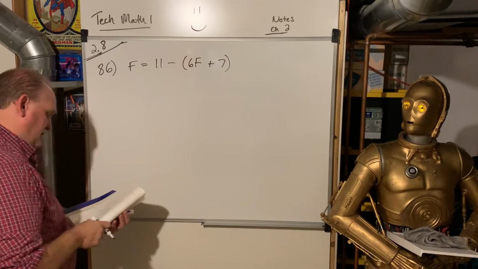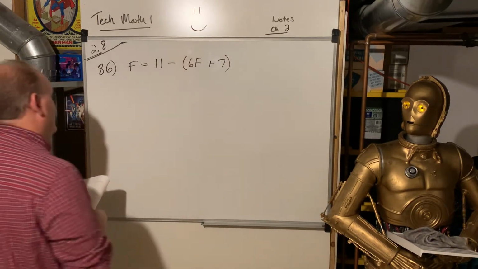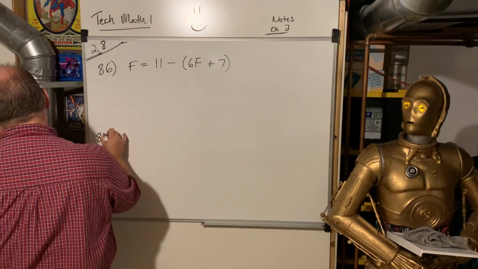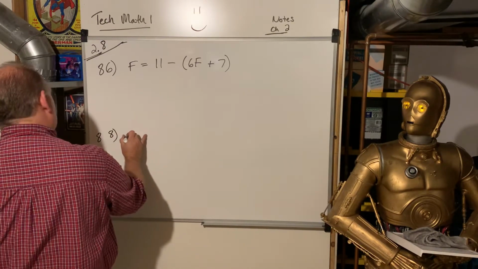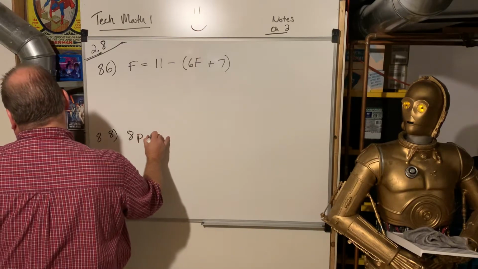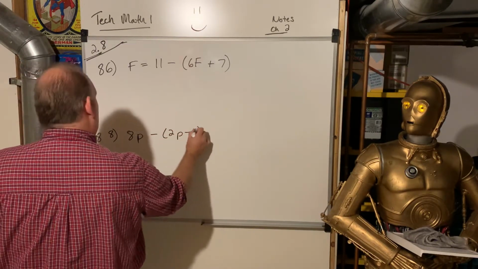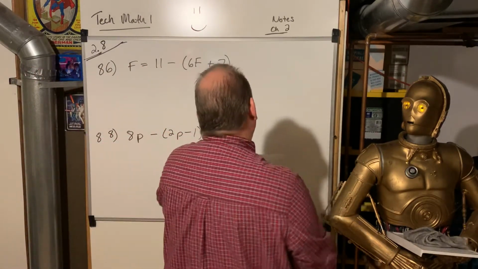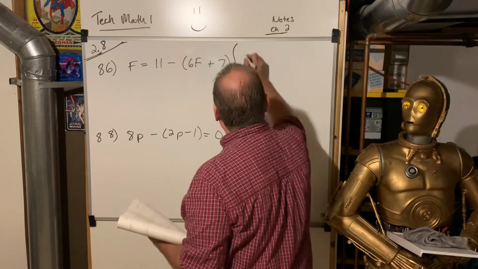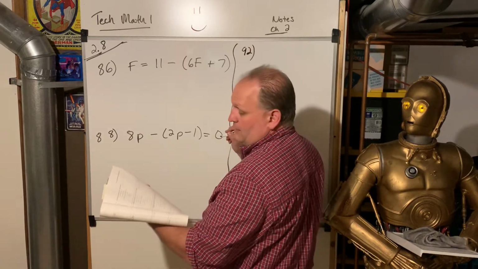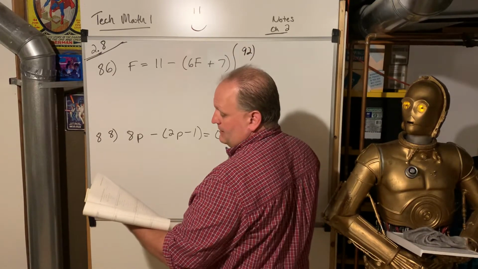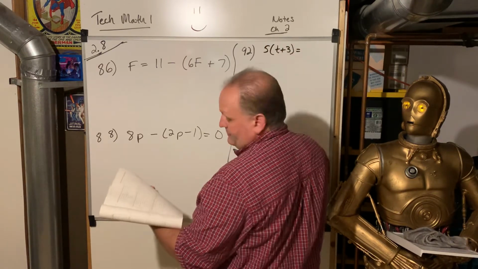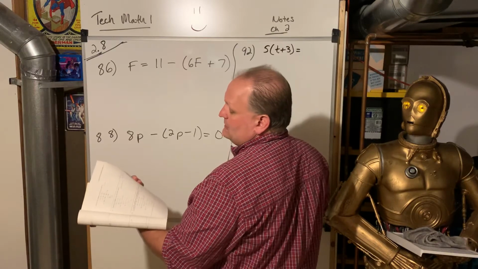All right. So some problems for us to work here. We'll do 8p minus 2p minus 1 equals 0. And we'll do 92, which is 5 times t plus 3 equals 3 times t minus 5.